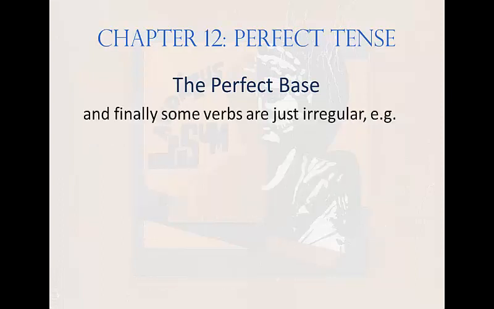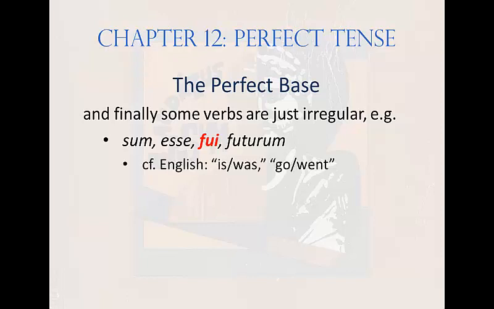Finally, to end this survey of perfect base formation, some verbs are just irregular, and you'll have to memorize them. Sum, esse, fui, futurum. Fui? Fui is right. But before we start throwing stones at Latin, let's make sure we don't have a few glass verb forms at home, like is, was, go, went?